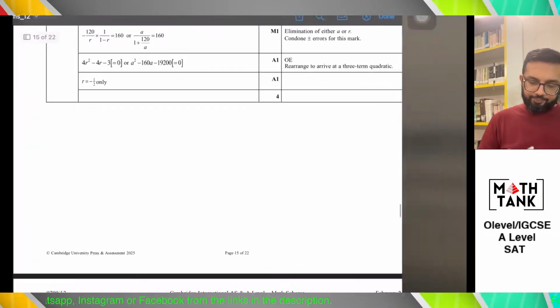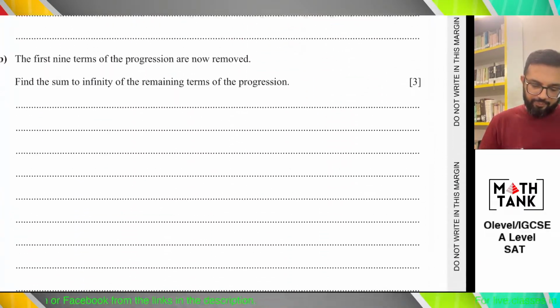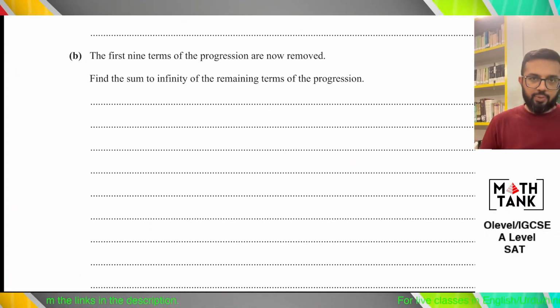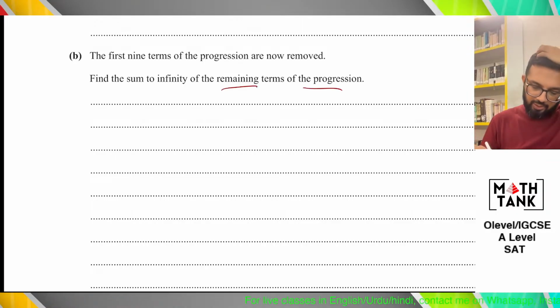Okay. And that's correct. Now the first 9 terms of the progression are removed. Find the sum to infinity of the remaining terms of the progression. The sum of 9 terms.